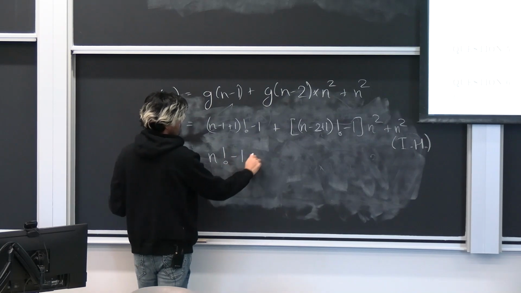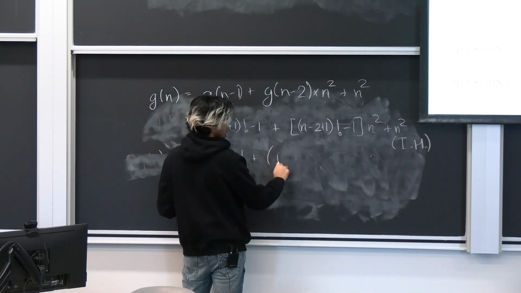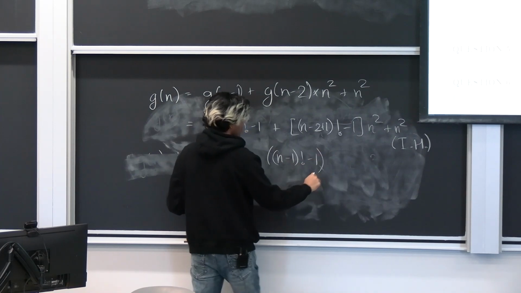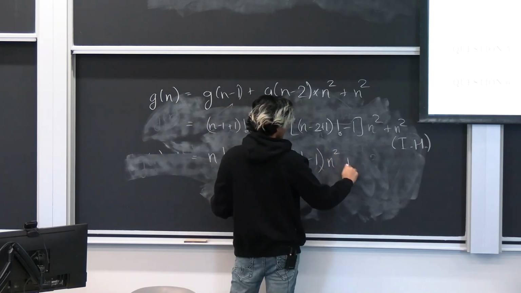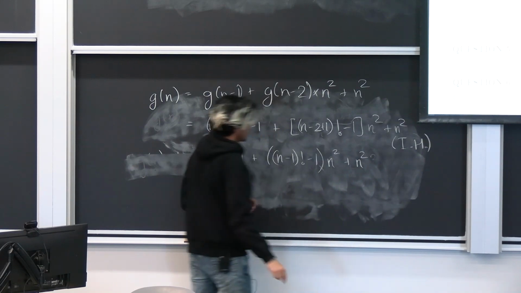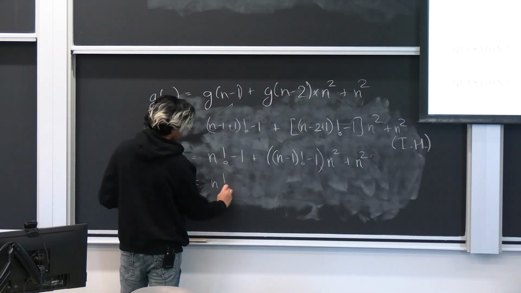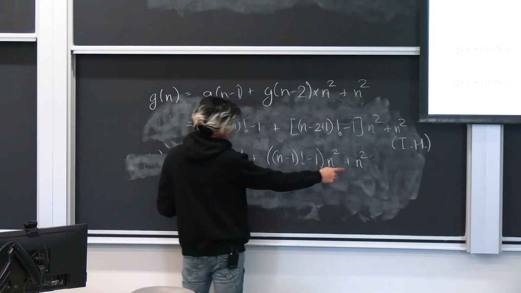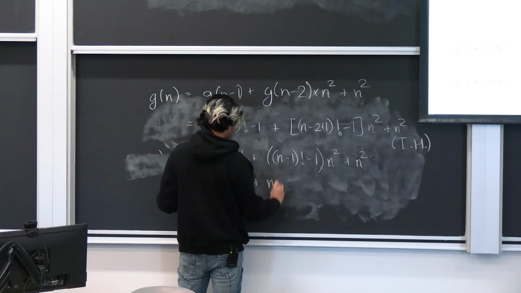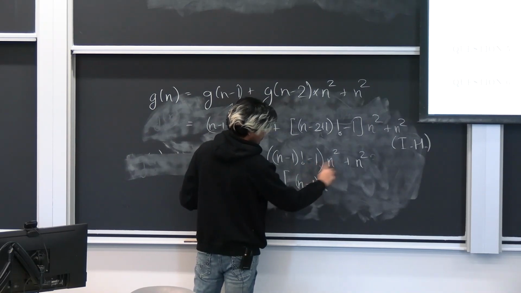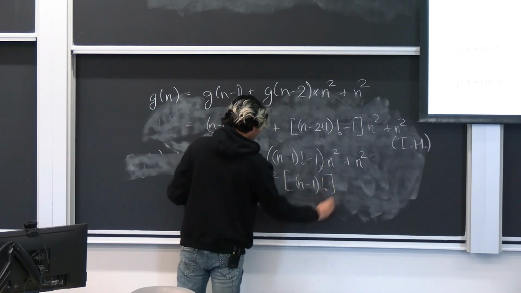N factorial minus 1 plus n minus 1 factorial minus 1 times n squared plus n squared. I can take this n squared common, n minus 1 factorial, minus 1 plus 1 cancel out.